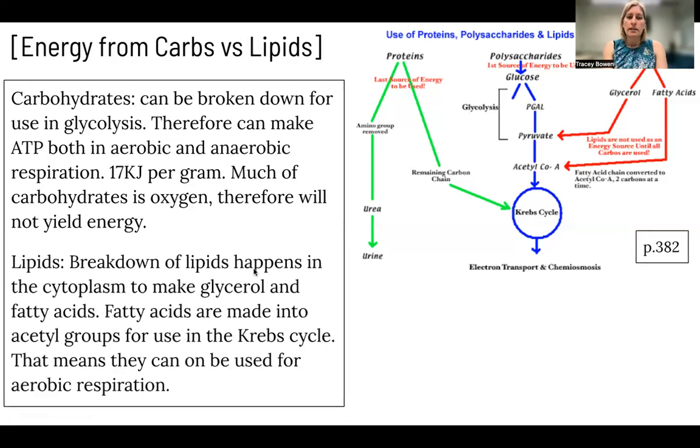In the case of lipids, lipid breakdown happens in the cytoplasm, and it's going to make glycerol, which can go to pyruvate directly. But you'll notice it's not interacting in glycolysis, it's just making pyruvate. And then fatty acids will go directly to acetyl-CoA production. So both of these can be used in the Krebs cycle if there's oxygen, but if there is no oxygen, lipids cannot be used to generate ATP.